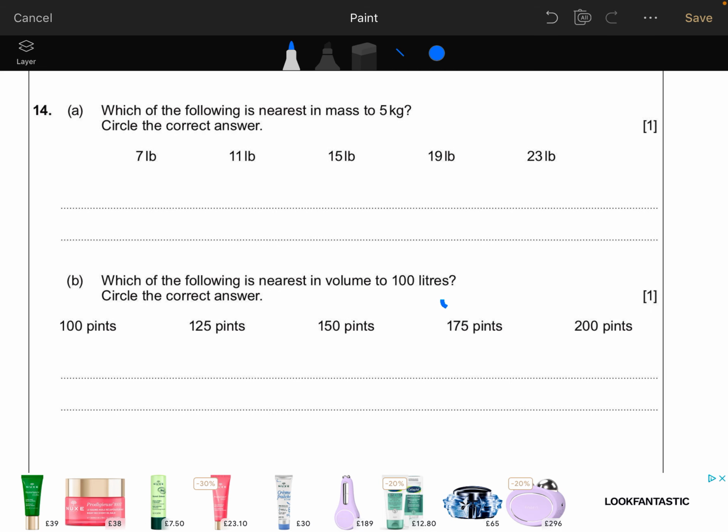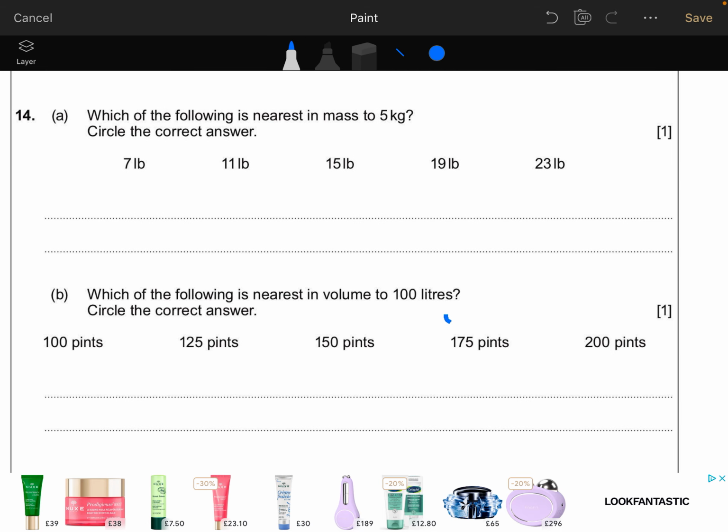Question 14. So there's nice multi-choice questions. Which of the following is nearest in mass to 5 kilograms? We need to know the conversion rate. So 1 kilogram is equal to approximately 2.2 pounds.